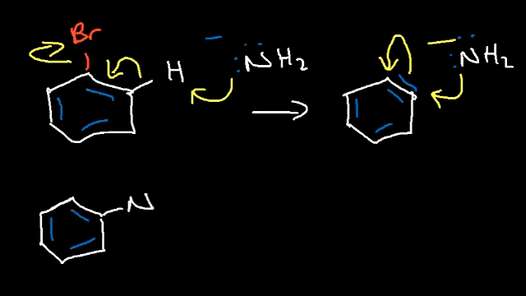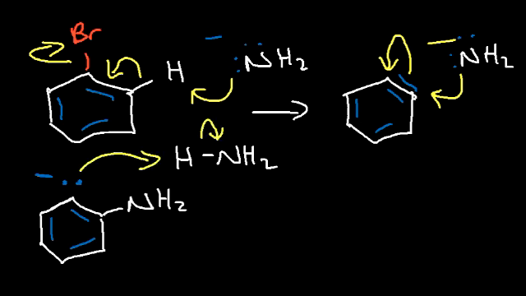So the NH2 is on the benzene ring, and we have a lone pair. So the second step is an addition step, because we added NH2. So now the carbon with the lone pair is going to grab a hydrogen from NH3. And so now the reaction is complete.